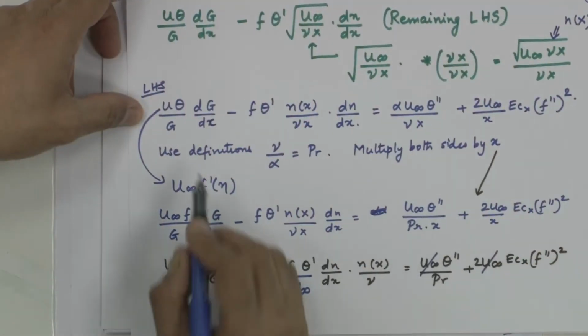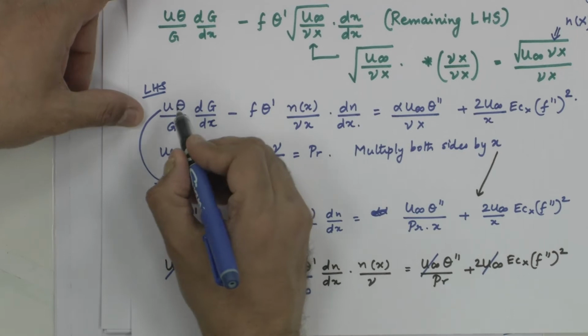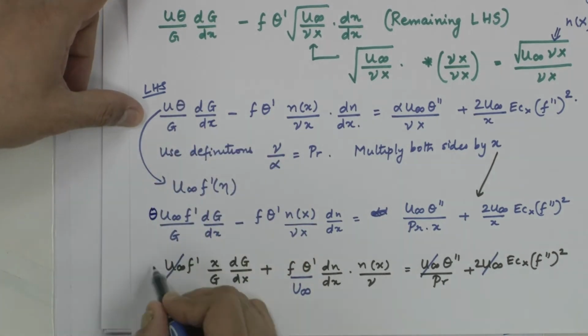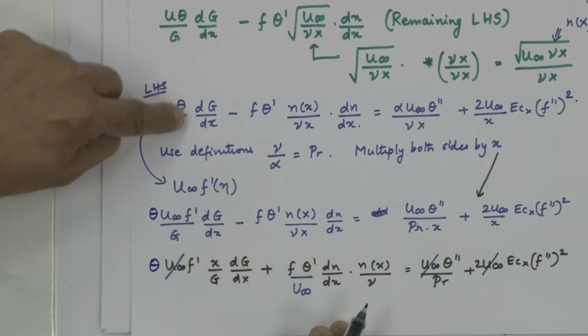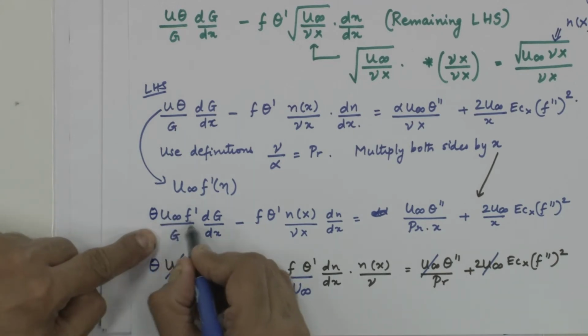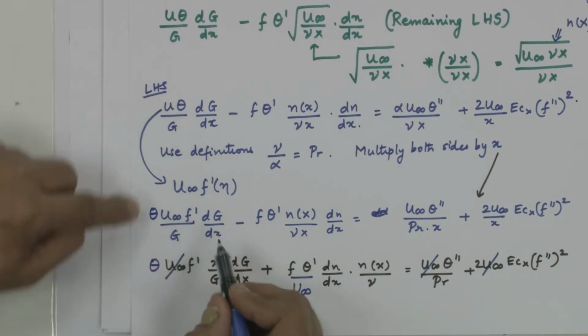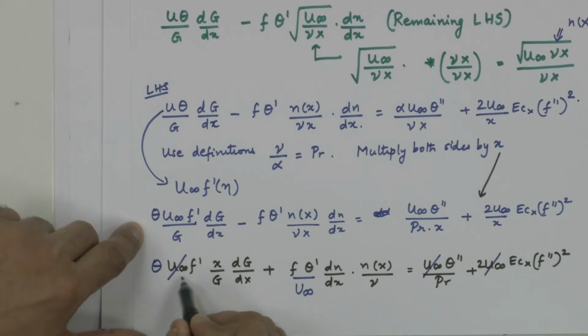Let us write this now in terms of theta. dg by dx is as it is, theta x I think is there. So this one is u infinity, there is a theta, so u theta by g, so u was u infinity f prime, and theta remains as it is, so u infinity f prime theta.